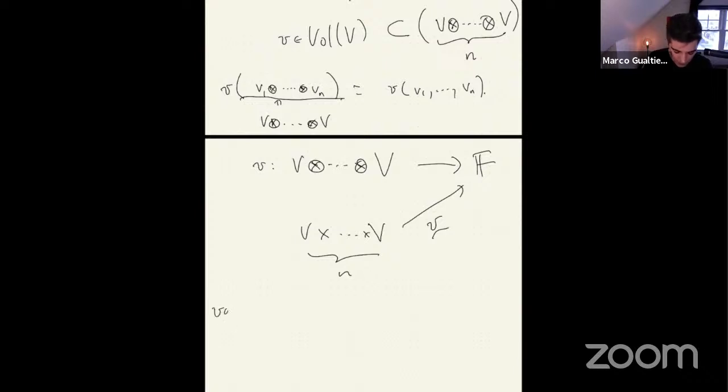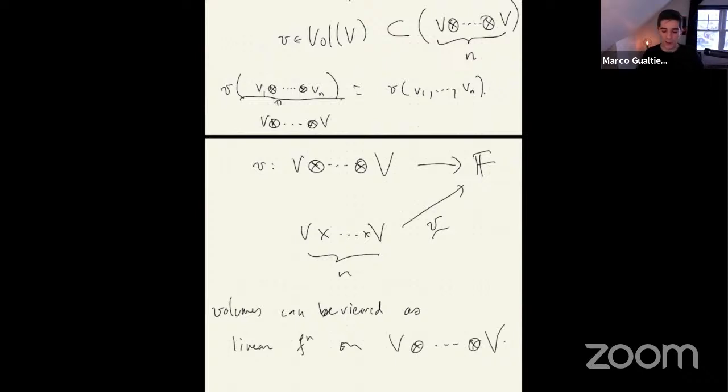So the volumes can be viewed as dual elements, as linear functions on V tensor V. I introduced this idea of volume, and you could say that the volumes are actually dual elements to the tensor product of V with itself n times.